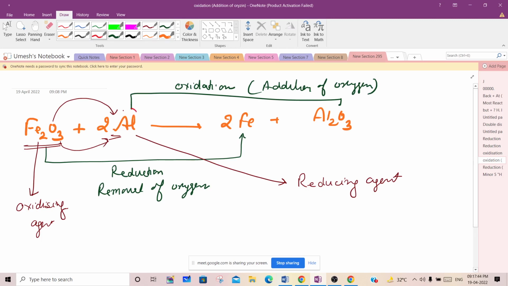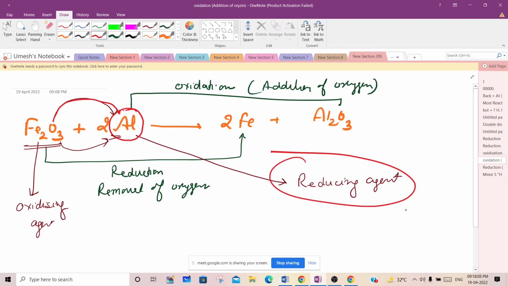This is aluminum. Can you see? It is responsible for the removal of the oxygen, and it's a reducing agent. So your statement was that a hydrogen containing compound is a reducing agent. That is wrong. Not necessary, it is whatever takes the oxygen. That can be hydrogen.